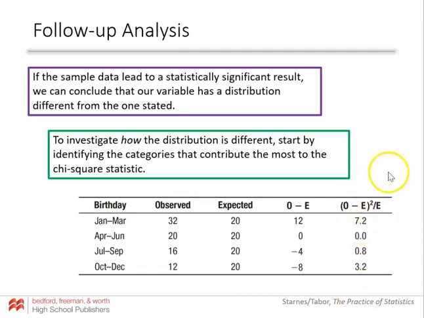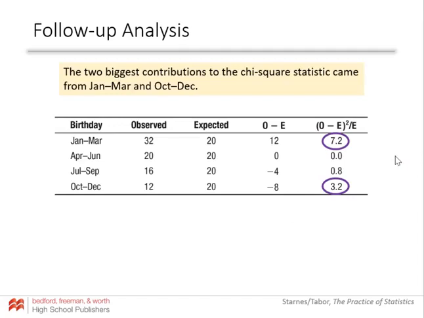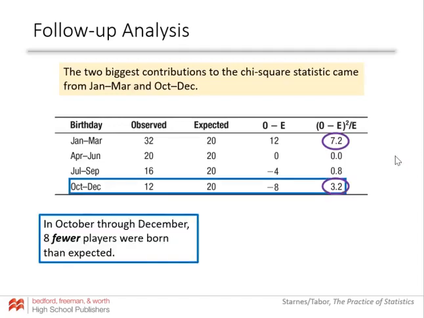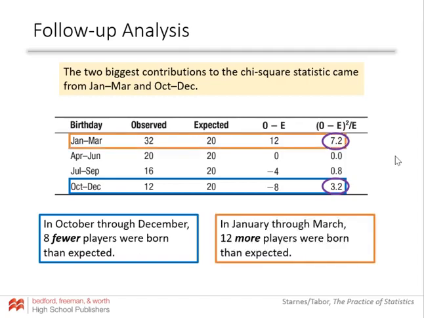Because the biggest number means the difference between the observed and expected was the largest. In this case, the first quarter of the year and the last quarter of the year had the biggest difference. In the last quarter of the year, the younger players, we had 8 fewer than expected. And in the early part of the year, we had 12 more players than expected.